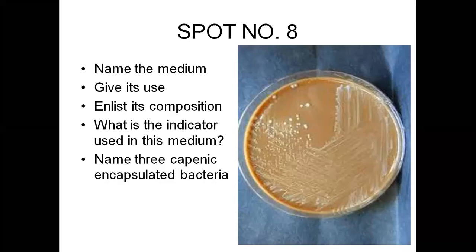The carbon dioxide rich environment is produced by putting the culture plates in a candle jar. Candle jar is just a tin jar. You are going to put the culture media in, light a candle, and the candle is going to consume the oxygen. You're going to put a lid on that. The candle is going to consume the oxygen and produce carbon dioxide.